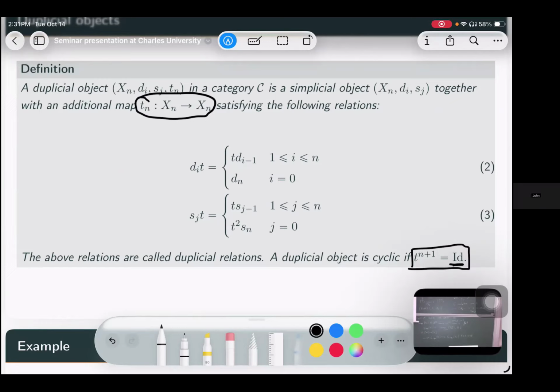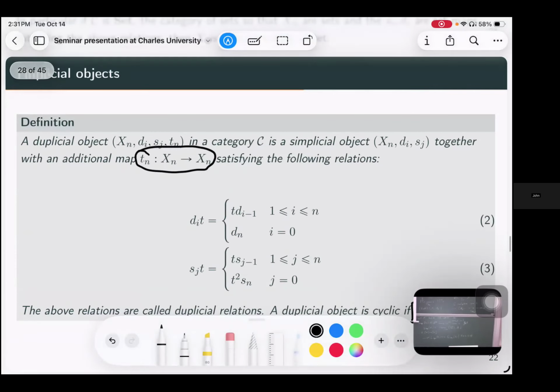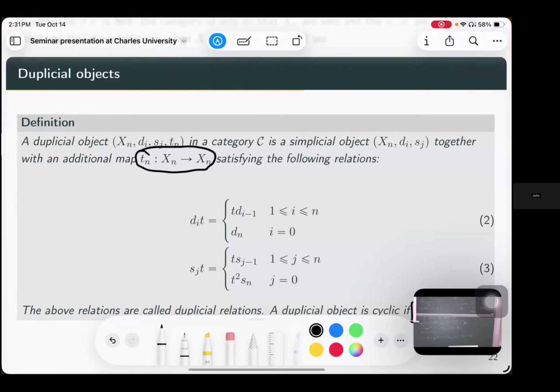Okay, so here what we actually have is a contravariant functor. I could use K for duplicial. So I have K here. This would go from what we call the duplicial category. What notation should I use?